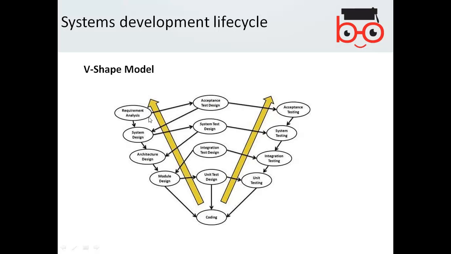For example, if you are doing the requirement analysis, then you check the acceptance of the requirements, then do the acceptance testing. Then for system design, if you are designing the system, you start testing. So in a way, you should be conscious that you do not leave any mistakes or anything incomplete at every stage.